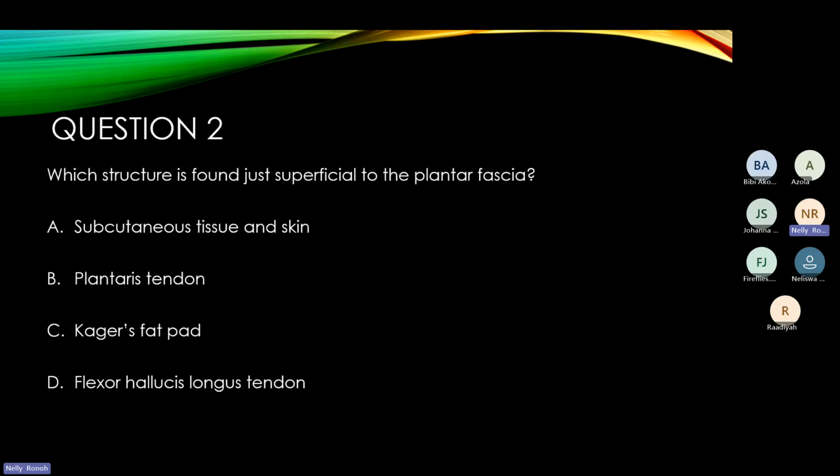Someone to try? Which structure is found just superficial to the plantar fascia? Anyone?